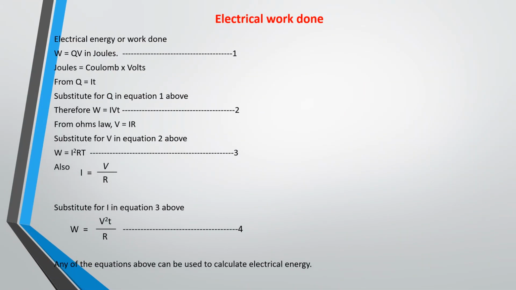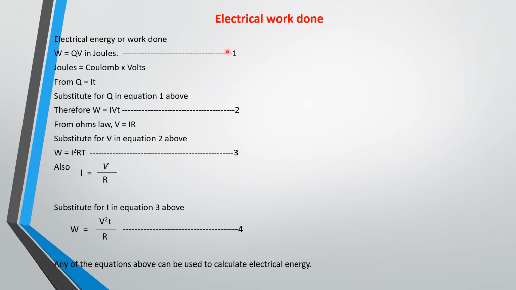Okay, so as I said, today we'll be looking at electrical work and power, or electrical energy and power. So this is electrical work. We know that work done in normal motion is force times distance, right?